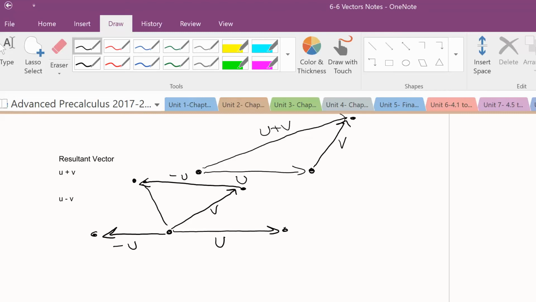So v minus u would be the vector that connects them there. So that would be the resultant vector of v minus u.